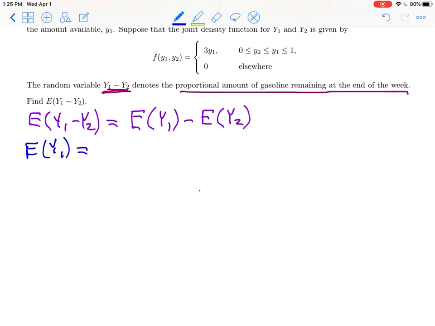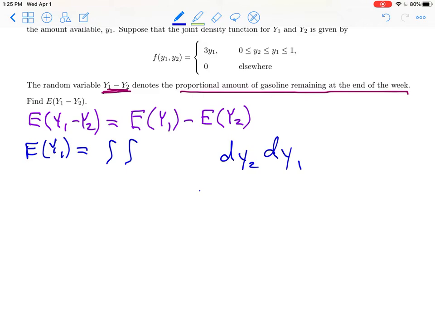So the expected value of Y1, when we roll through this, we have an integral, so we're going to be integrating from negative infinity to infinity. So let's, on the inside, integrate with respect to Y2 first, and then with respect to Y1.